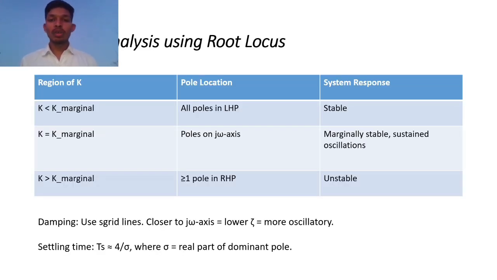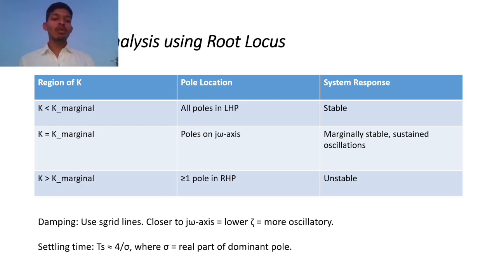Stability analysis using root locus. There is a chart of the stability analysis, showing region of K, pole location, and system response. If K is less than K marginal, all poles are in the left half plane and the system is stable.